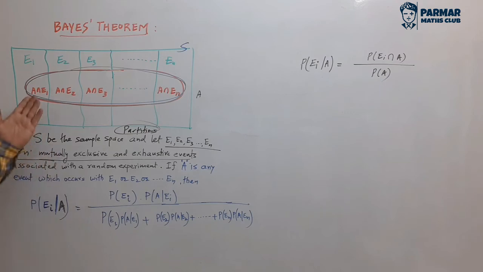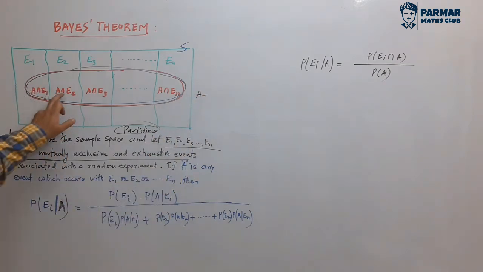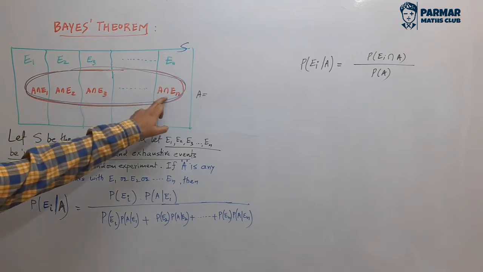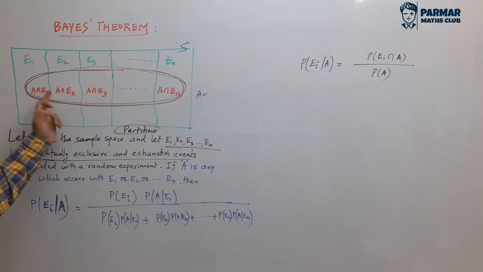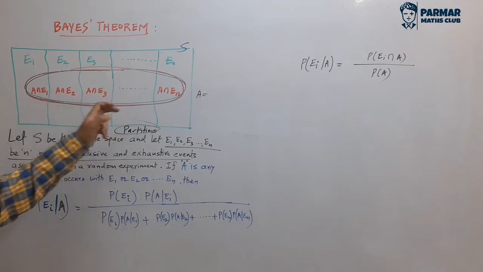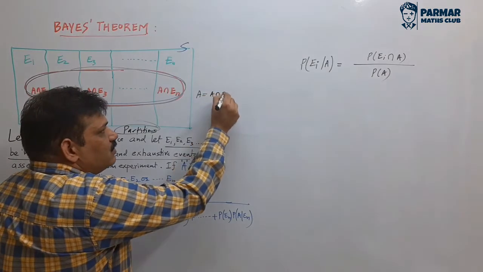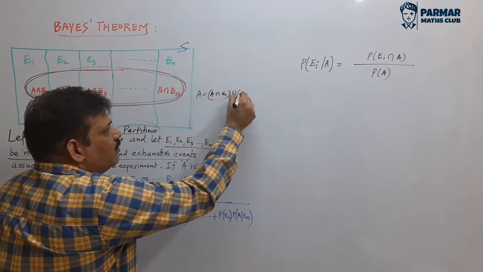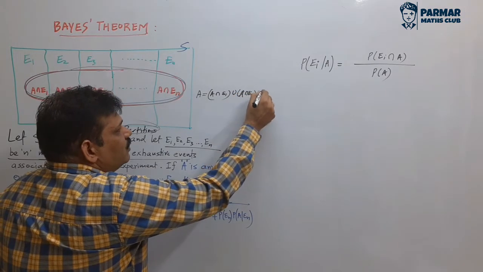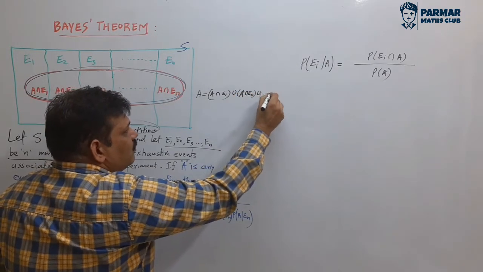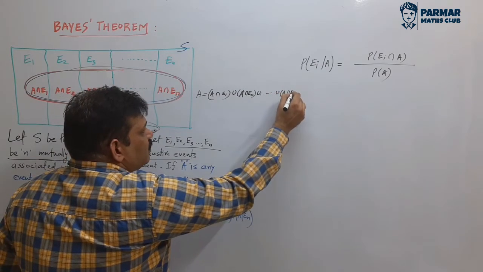If I am interested in finding the total probability of A, then I know that A is equal to the union of these events. If we take the union of all these mutually exclusive events, then I'll get A. So A actually is (A intersection E1) union (A intersection E2) union and so on up to (A intersection En).